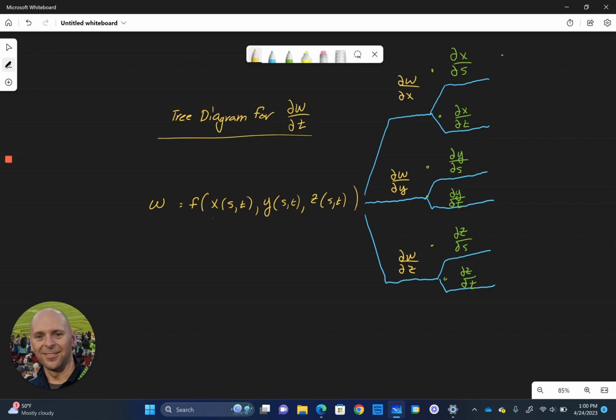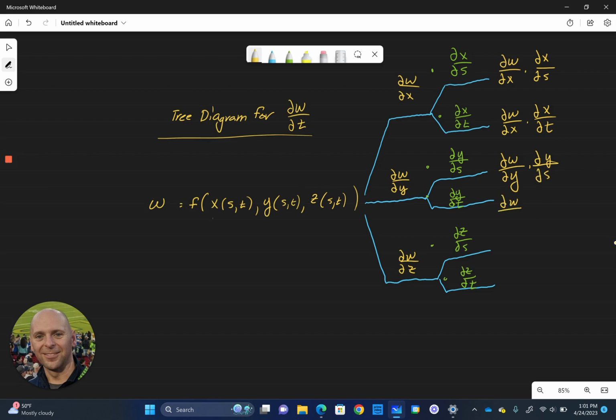Here at the end of this, I have the partial of w with respect to x times the partial of x with respect to s. Here we have the partial of w with respect to x times the partial of x with respect to t. And just working our way down, partial of w with respect to y times the partial of y with respect to s.